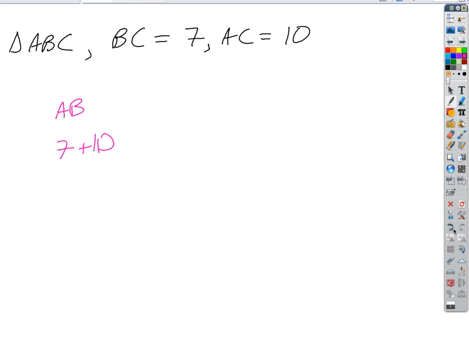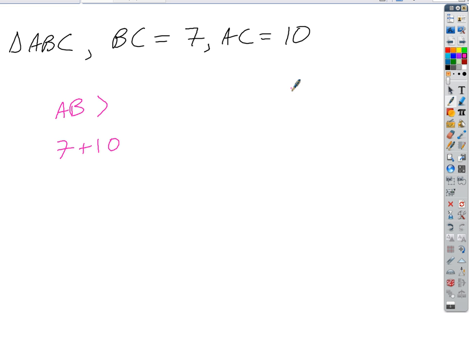Greater? AB has to be greater? Okay, so AB has to be greater than what? BC. Wait, no, I don't know. With the other two sides there, 7 and 10, what do you think?